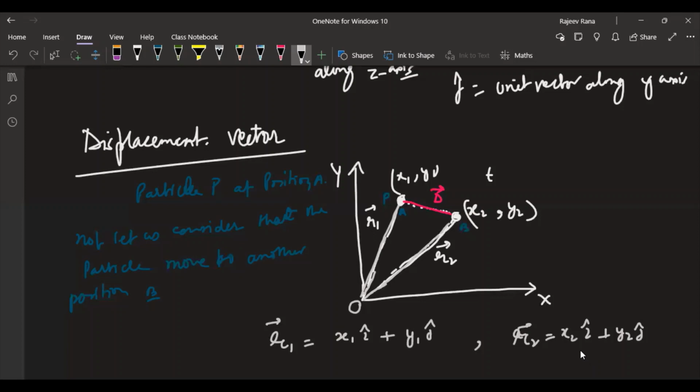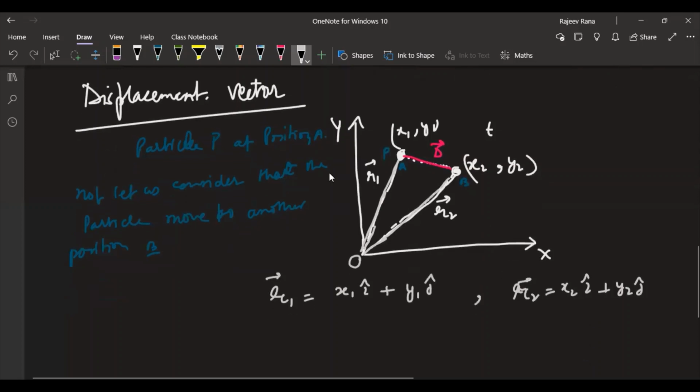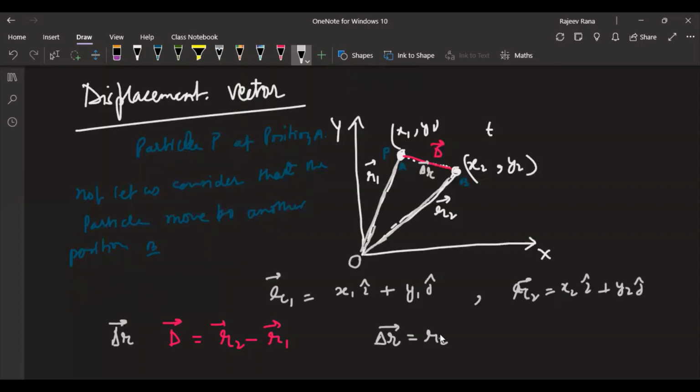Now the displacement vector D we have to write. So what is the displacement vector D? The mathematical expression for the displacement vector D is R2 minus R1. You can also write it as delta R. So delta R is equal to R2 minus R1.